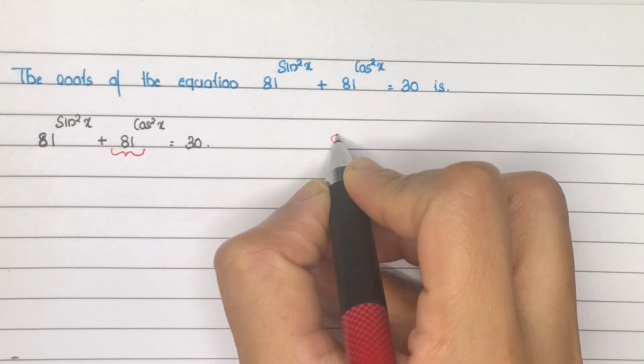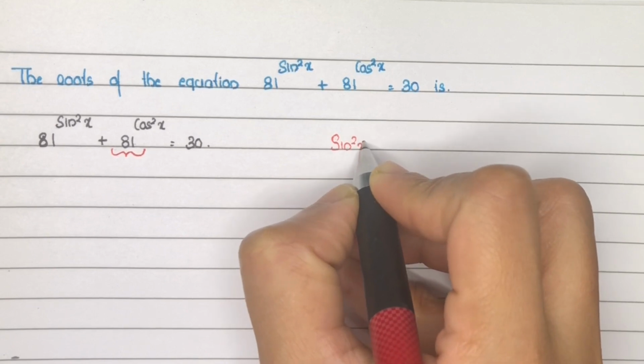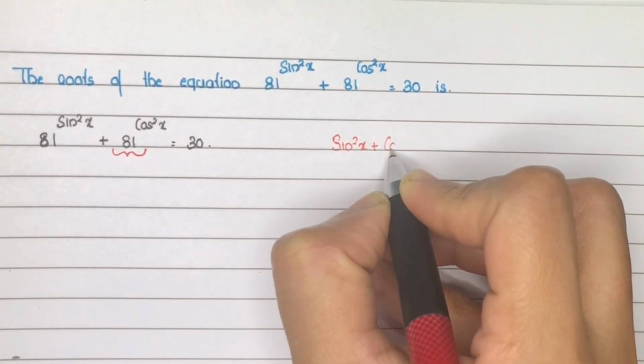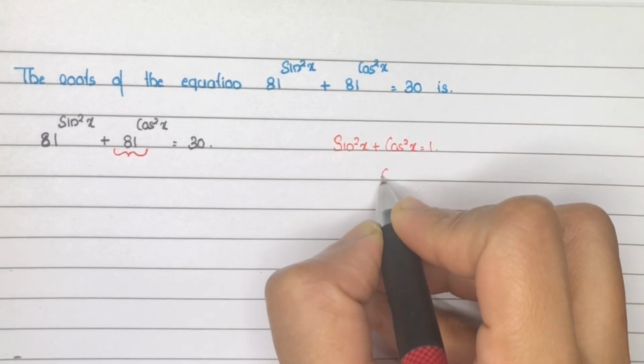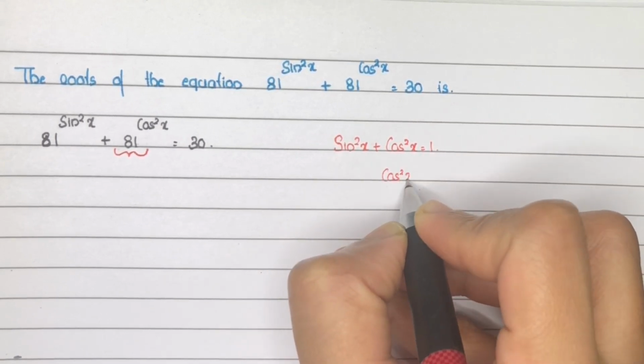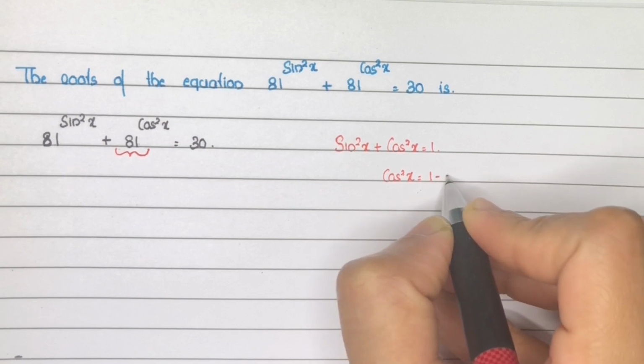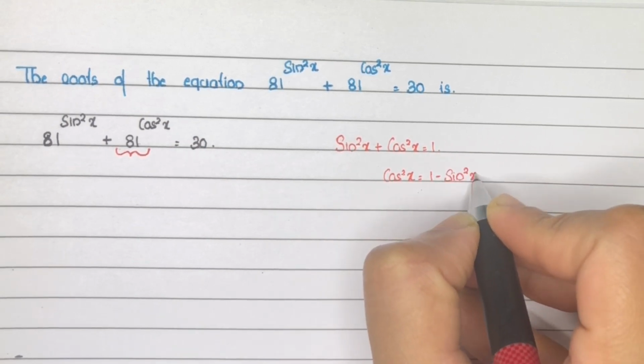We know that sin square x plus cos square x equal to 1. So cos square x equal to 1 minus sin square x.